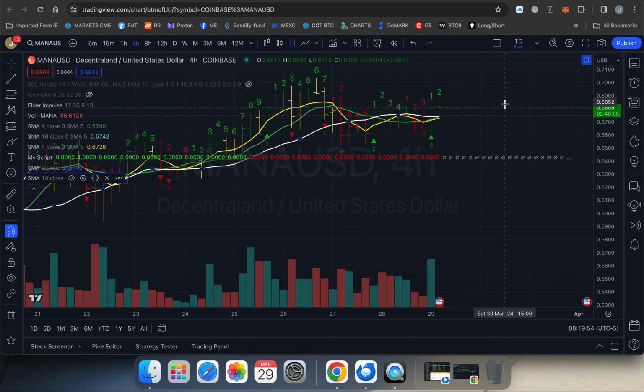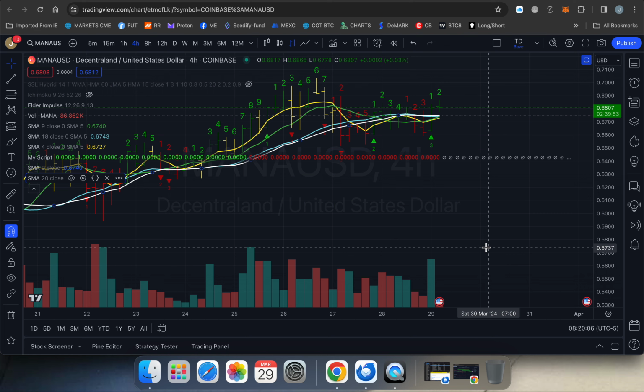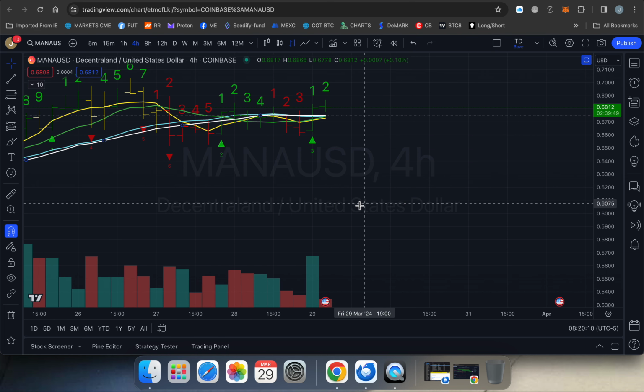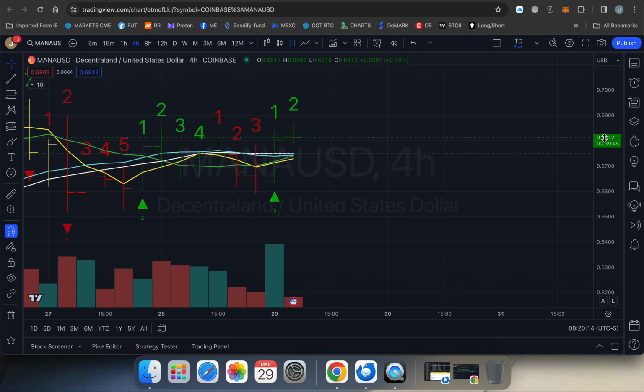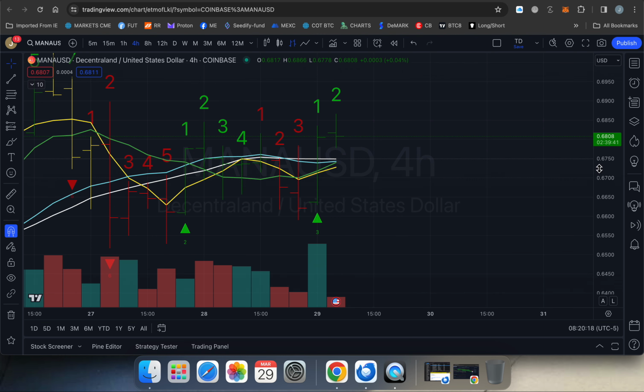Click OK. And then that way, I could put a 20 on that, because I already have an 18. So let's just put a 20, and then we'll see how close it is to the price action. Zoom in on it here, and that tells you pretty good what you got. So let's see.